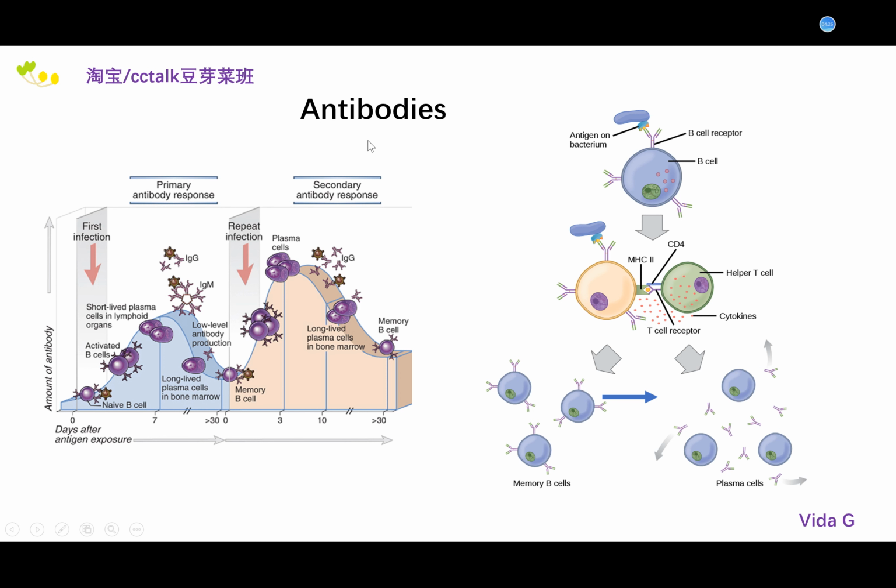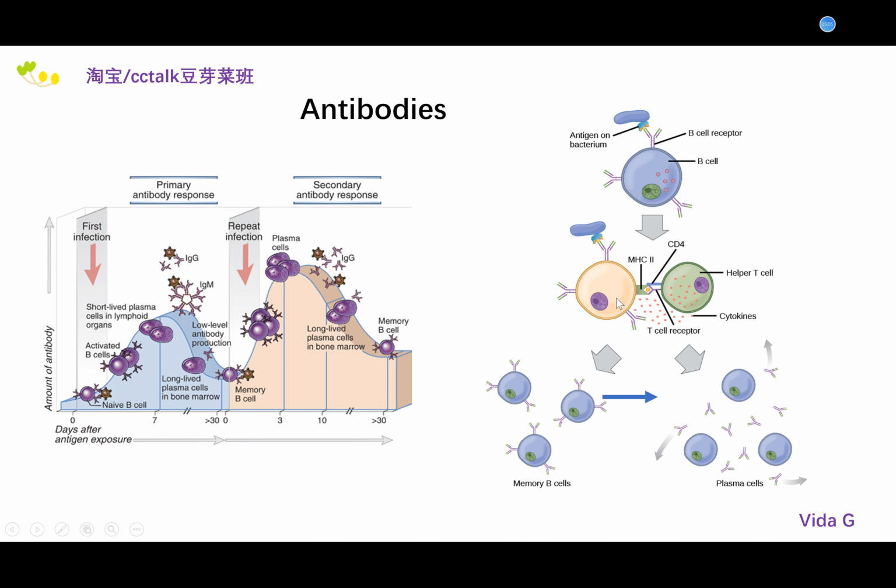So let's review what antibodies are and how they work. When the virus or bacteria first infects our cells, the B cell recognizes the antigen on the bacterium or virus, engulfs it, and degrades it, and the virus peptide will bind to the MHC class 2 molecule.